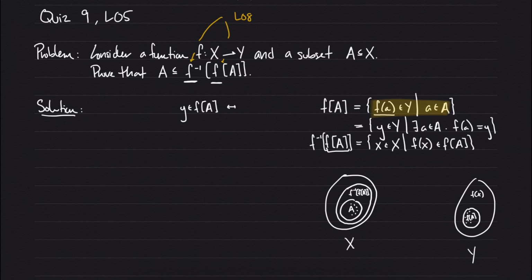So in particular it must be of the form f of a, as written a bit more explicitly here: there must exist some a such that f of a equals our y. So some y is in f of A if and only if there exists an a in A such that f of a equals y. So y is in f of A if we can write y in the form f of some little a, for a little a in big A. That's the point. So let me write this in brackets.